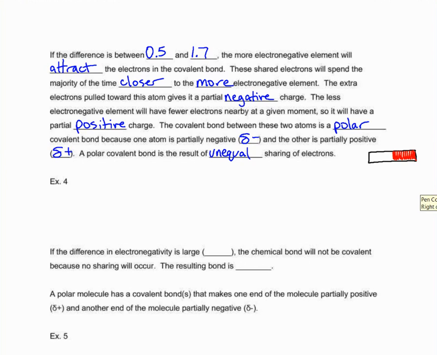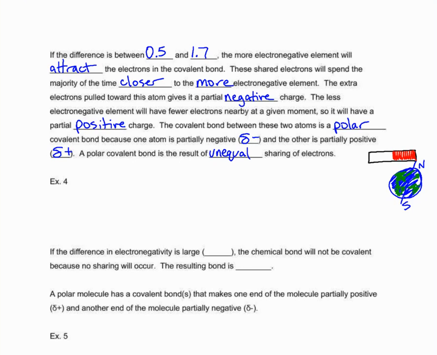Or maybe if you think of something like this, and this is the Earth. It has a north pole and a south pole. It just means two opposite ends.